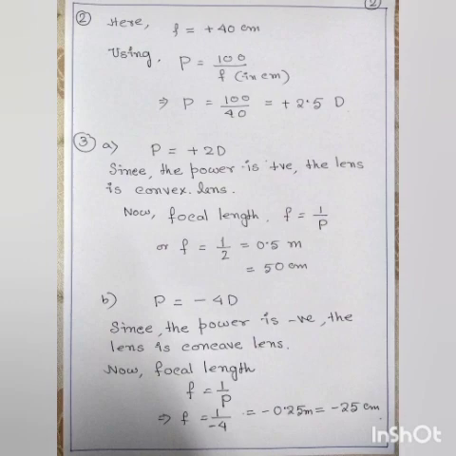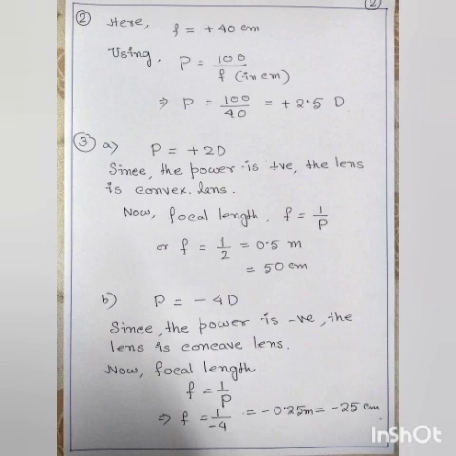Next, question number 2. What is the power of a convex lens of focal length 40 centimeter? So here f is equal to 40 centimeter. We have to use the formula power P equals 100 by f. See, we have two formulas for power: P equals 1 by f and P equals 100 by f.